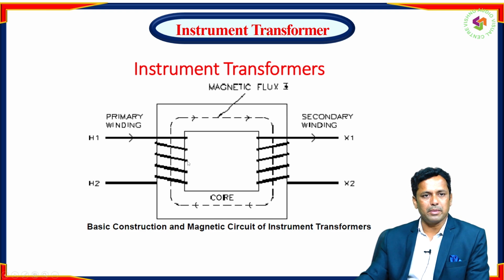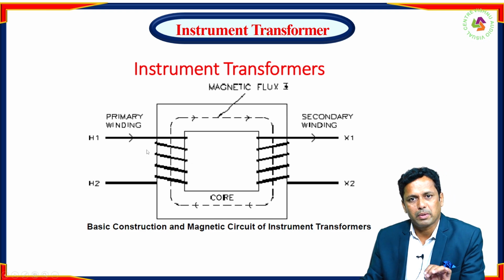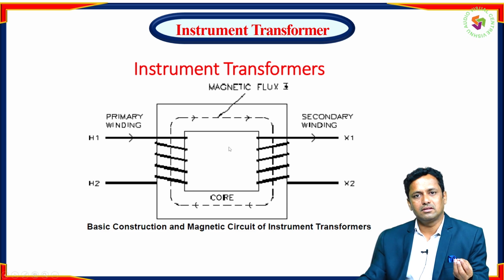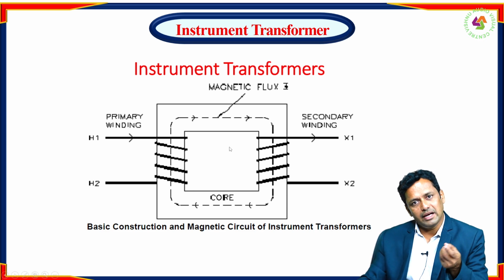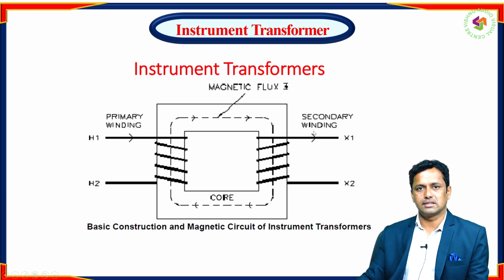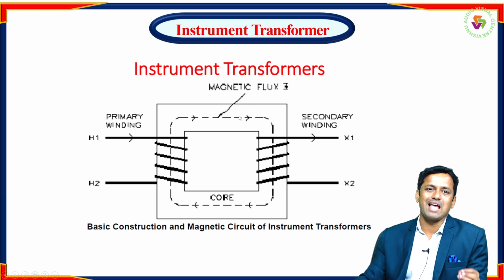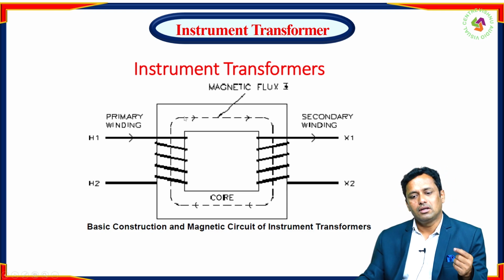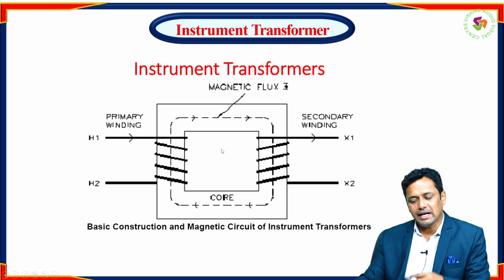That is called the primary side. Whenever you give the supply to the primary winding, flux is generated. That flux interacts with the core. Then the iron body acts as a magnet, and the flux is transferred from the primary coil to the secondary coil.